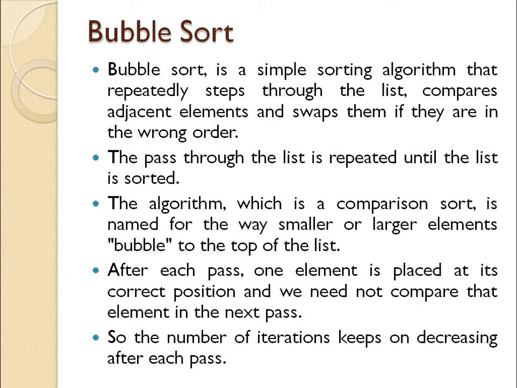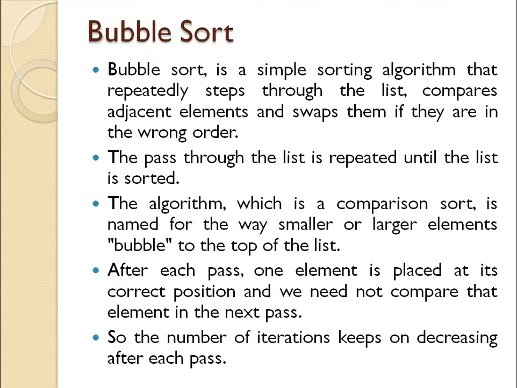In this bubble sort algorithm, after each pass, one element is placed at its correct position in the list, and we need not compare that element in the next pass.